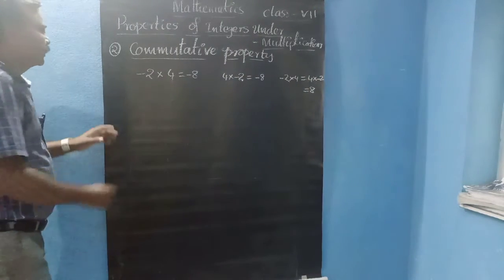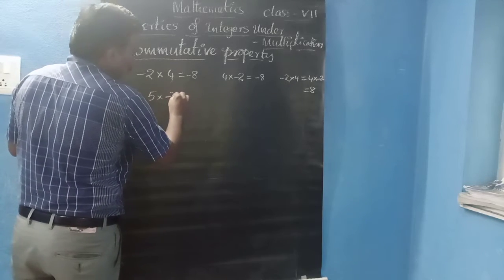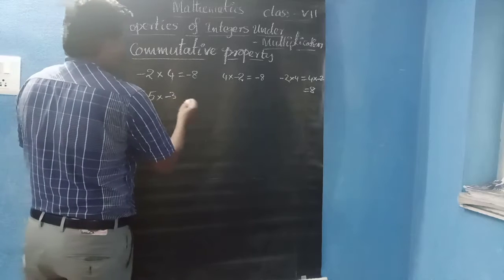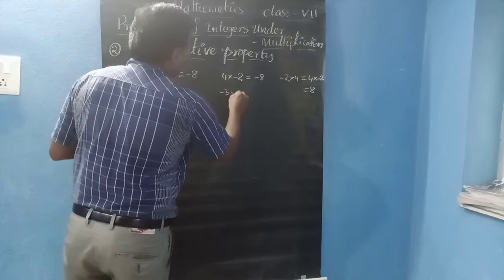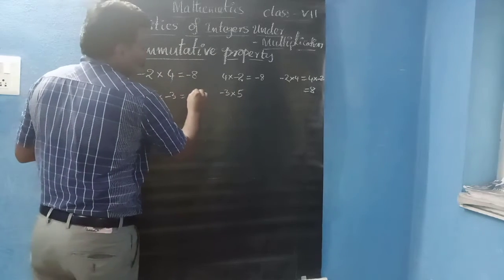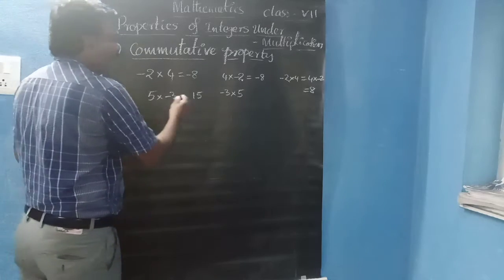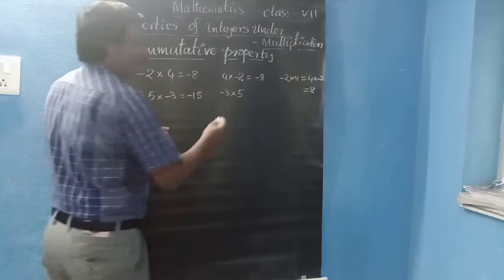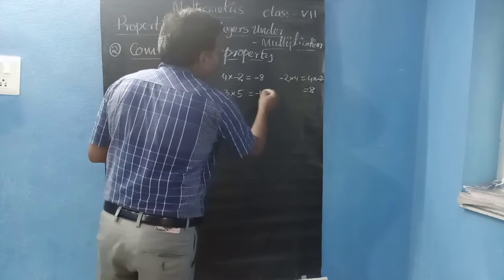I will take one more example. 5 into minus 3, and minus 3 into 5. 5 3s are 15, plus into minus, minus. 3 5s are 15, plus into minus, minus.